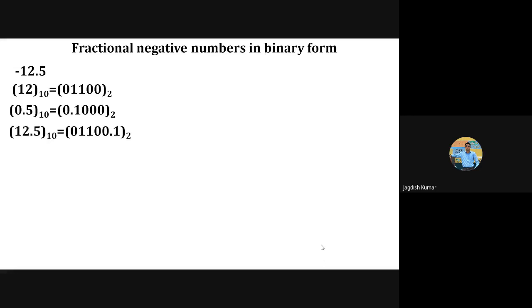Now, what should be 12.5, by the way? Let us first talk of the positive number. So 12.5 would be just this: 0100.1. Correct? Now the question is how to represent minus 12.5. Let us suppose we want to represent minus 12.5 in 2's complement.